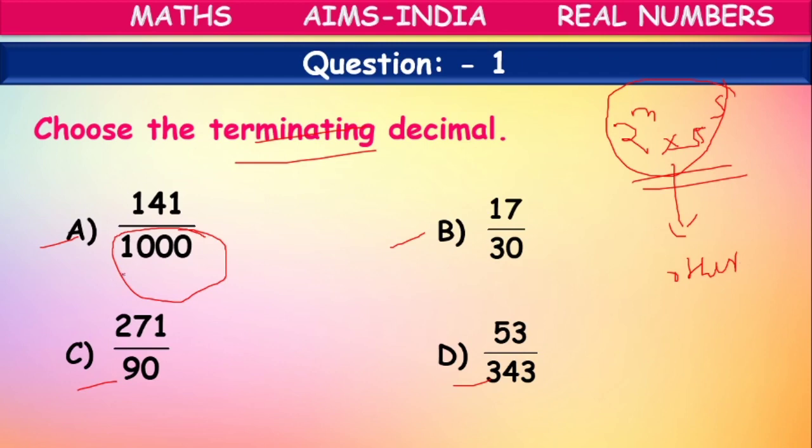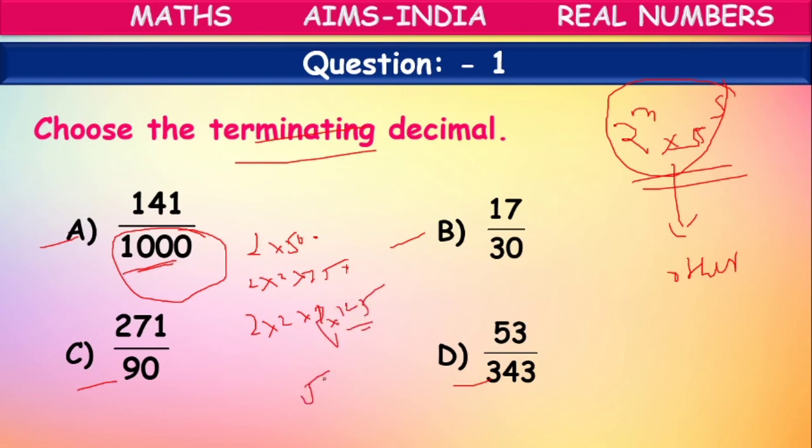So let's see with 1000. How to represent 1000? We can represent 2 into 500. Again 500 means 2 into 250, and 250 means 2 into 125.